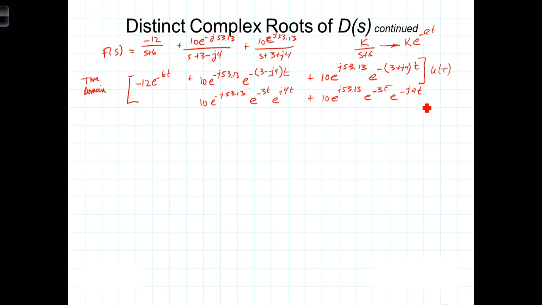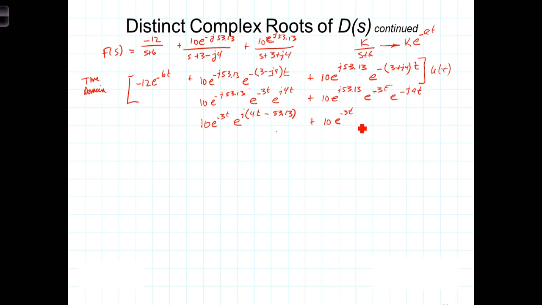Now we'll combine the two complex exponentials here and over here, rewriting this, then we have 10 e to the minus 3t times e to the j 4t minus 53.13 degrees. And on over here we have 10 e to the minus 3t from here.